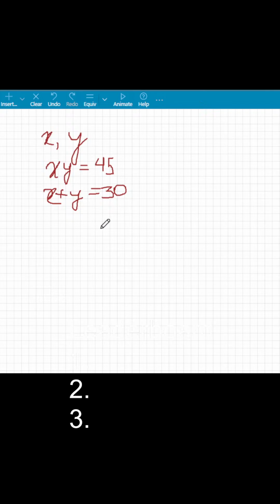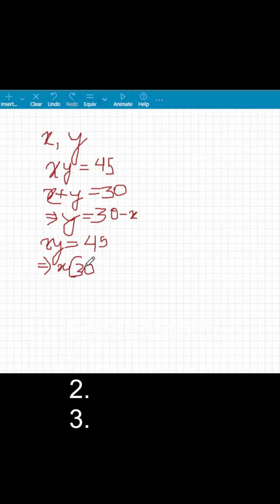So we can solve this system of equations by substituting. We can substitute y is equal to 30 minus x in the first equation. So y is equal to 30 minus x. So xy is equal to 45, and in place of y we can write 30 minus x.